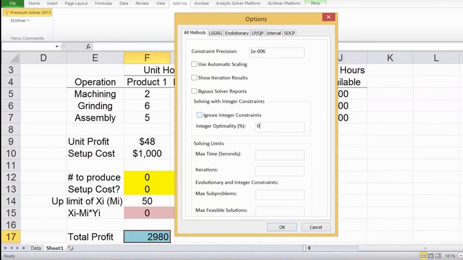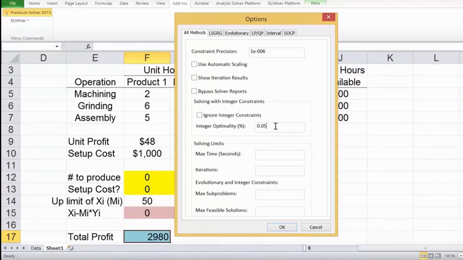Sometimes it could take a long time, and if we say, okay, we are satisfied if the optimal solution, the objective function value, is within, say, 95% of the objective function value found without those integer constraints, then we set the optimality percentage here like this.